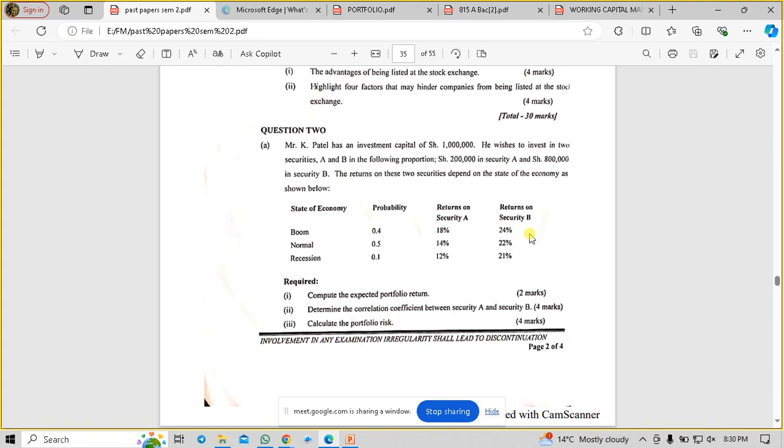Then you come to expected return of B: 0.4 times 24%, 0.5 times 22%, then 0.1 times 21%. So get the total, then you add.